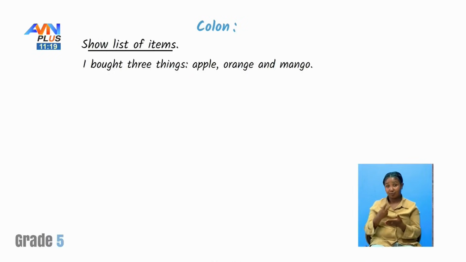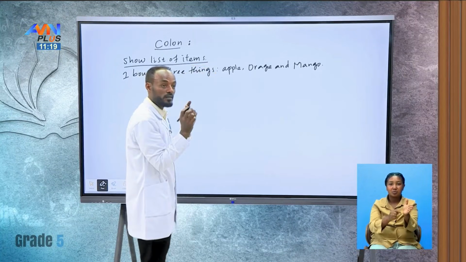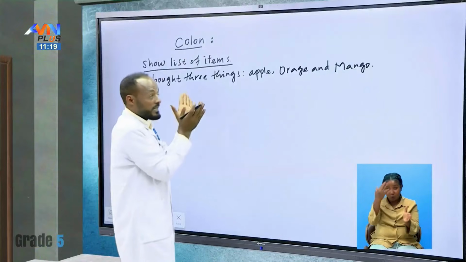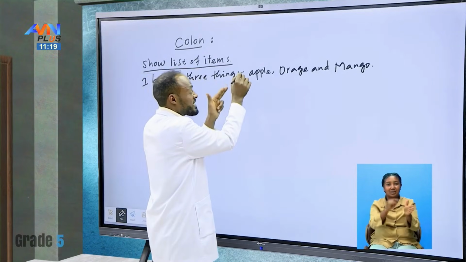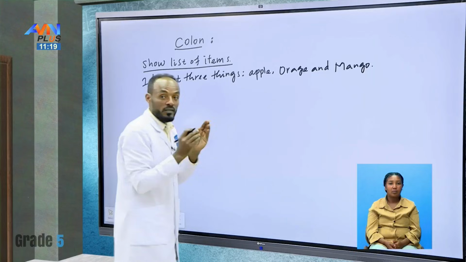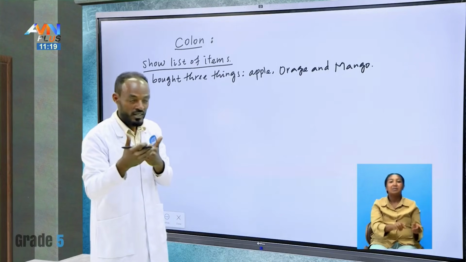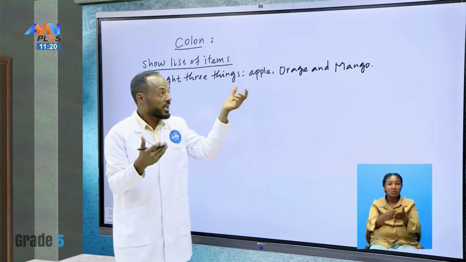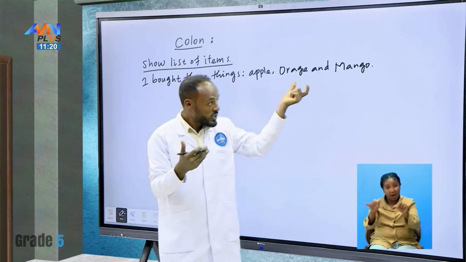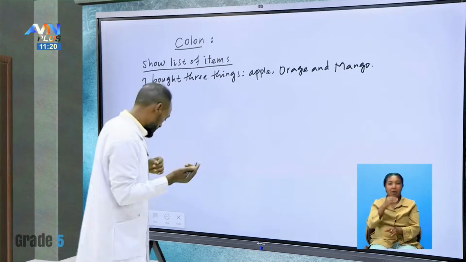Here I just put a colon, because here we show a list of items using this. This means another way of saying such as or like. This means I bought 3 things like apple, orange, and a mango. Is it clear?